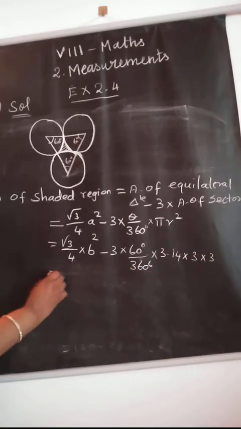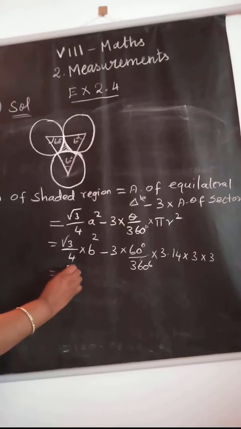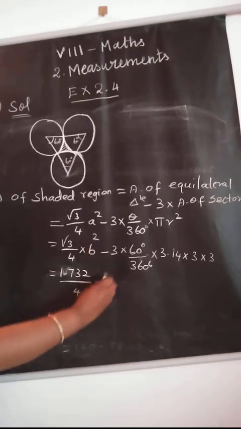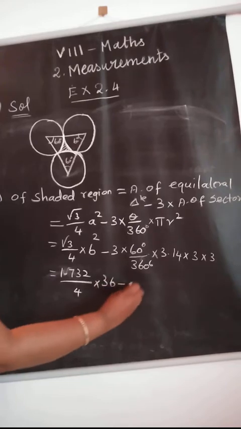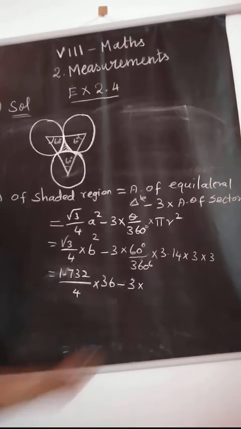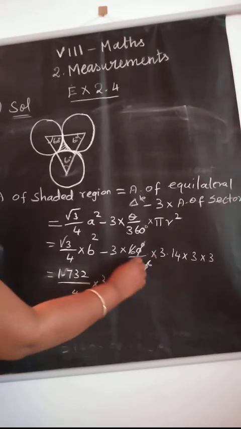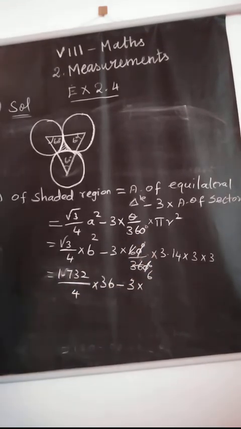Now multiply root 3. So we know that root 3 value they gave 1.732 by 4 into 6 squared 36 minus 3 into, now divide 0 0 cancel, 6 1s are 6, 6 6s are 36.